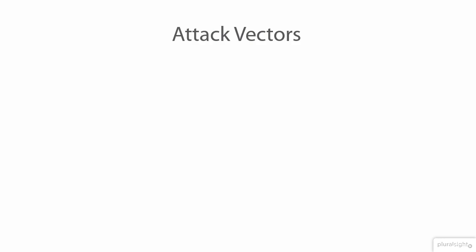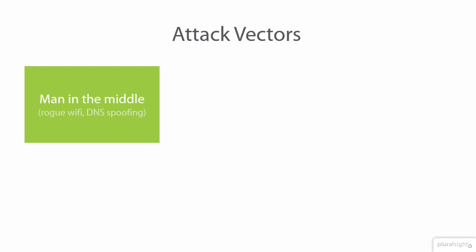I want to touch briefly on 5 different attack vectors that enable a session hijacking attack to take place. We'll look at these in more detail as the course progresses, but let me just quickly cover them here to set some context as well. So one attack vector is your classic man-in-the-middle attack. This is where an attacker can get into the communications between a victim and a target server.